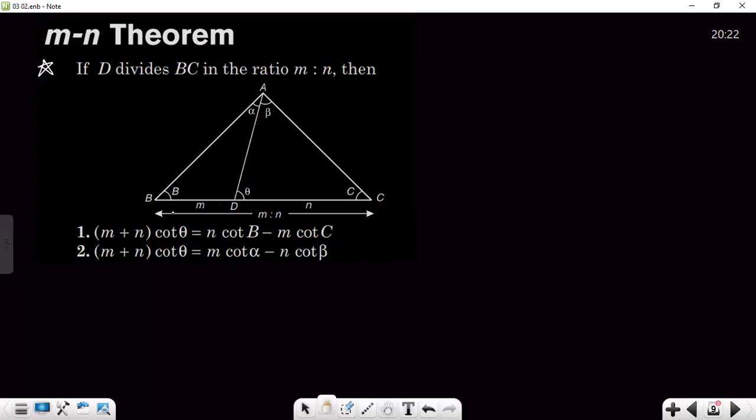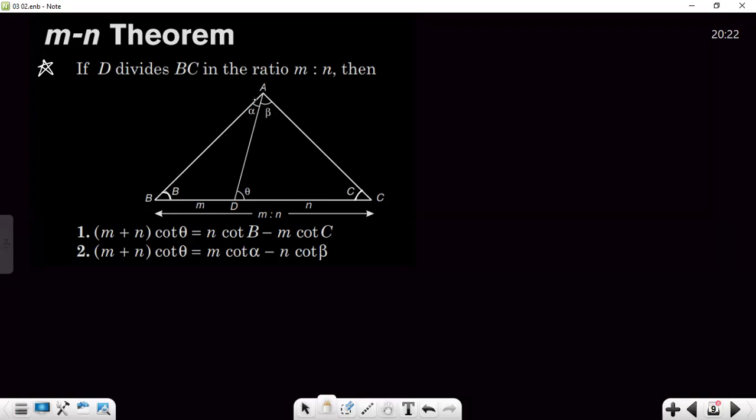If D is a point on BC, this is a triangle ABC. Angle A is divided because of the D projection on BC. This AD is making theta angle with DC.